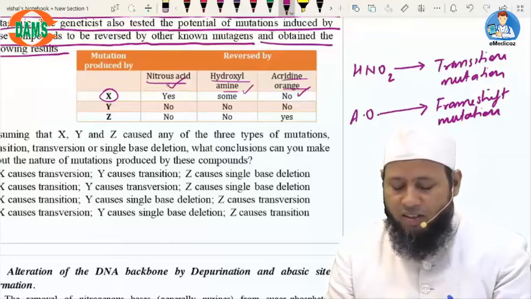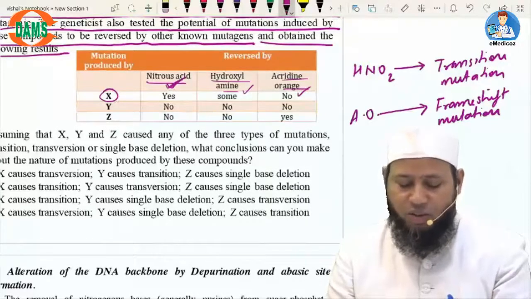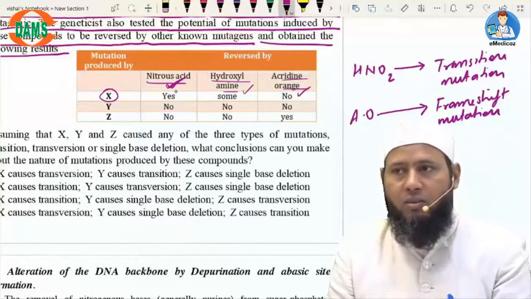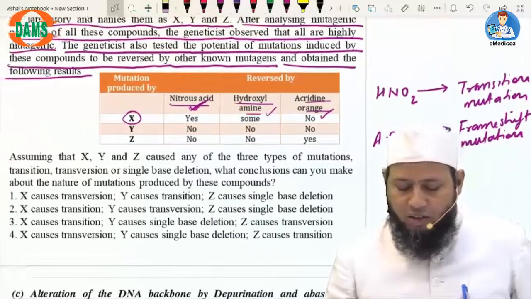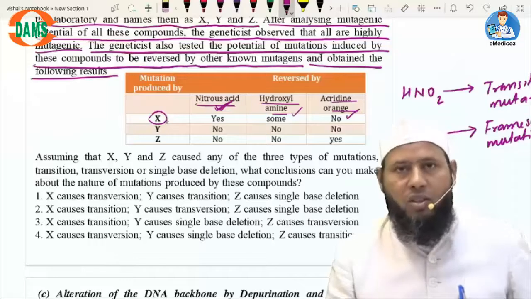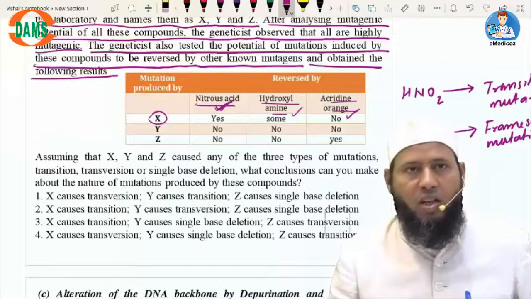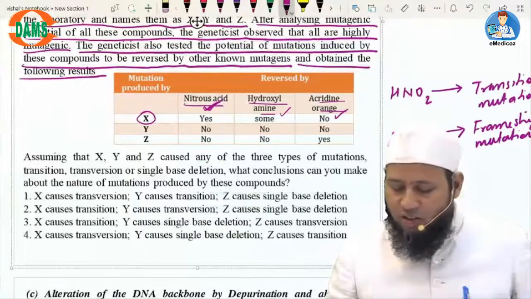Nitrous acid does transition mutation, so it can reverse another transition. If the mutation generated by X is reversed by nitrous acid, the nature of X has to be that it generates transition type of mutation.